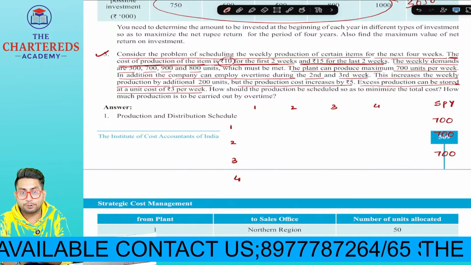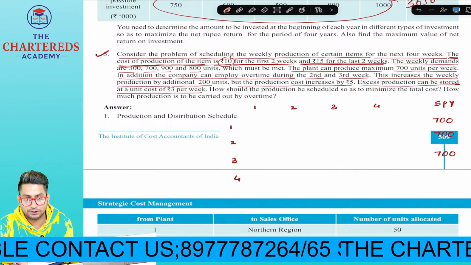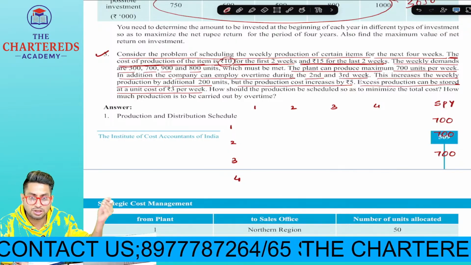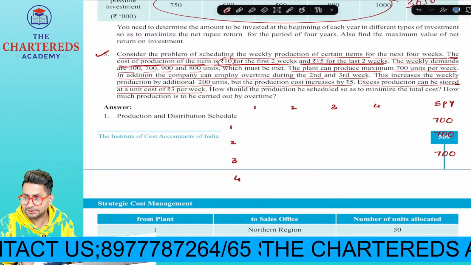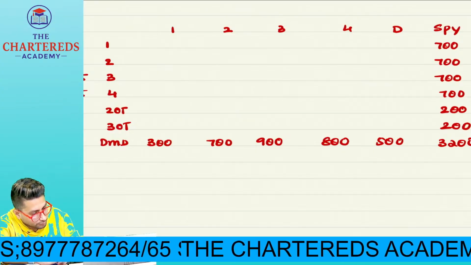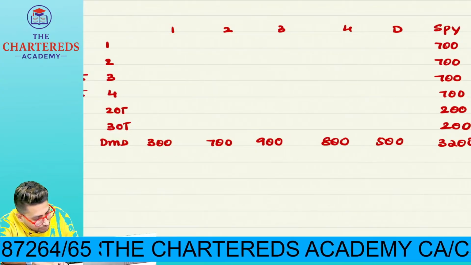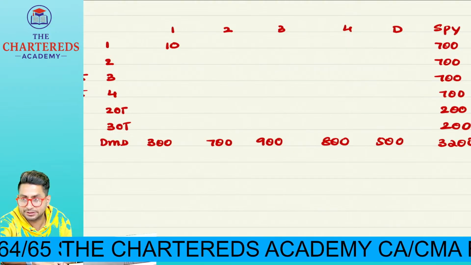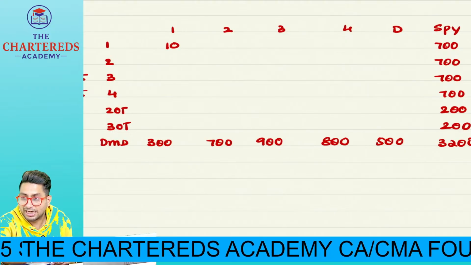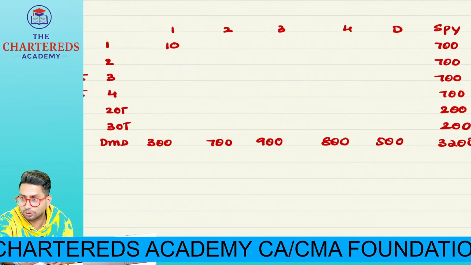That means if I produce more units in 1 week, I can carry them forward to the next week, but the additional cost will be 3 rupees. Correct? Now listen very carefully. First week, how much will I produce? Cost will be 10 rupees. Correct? Are you sure that the first week's production will be sold in the first week only? No, right?